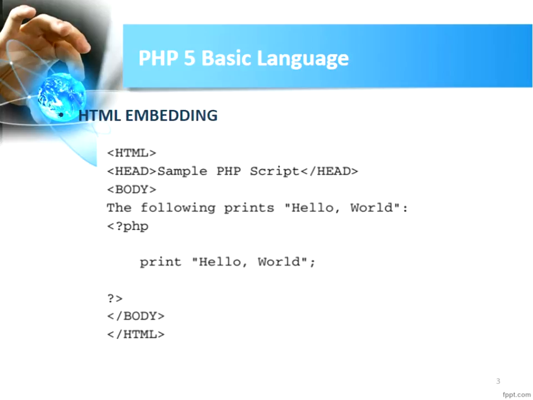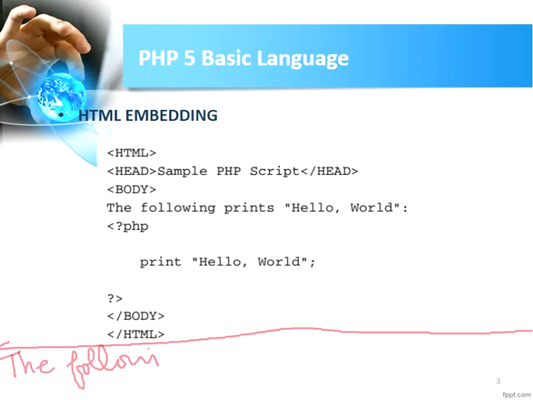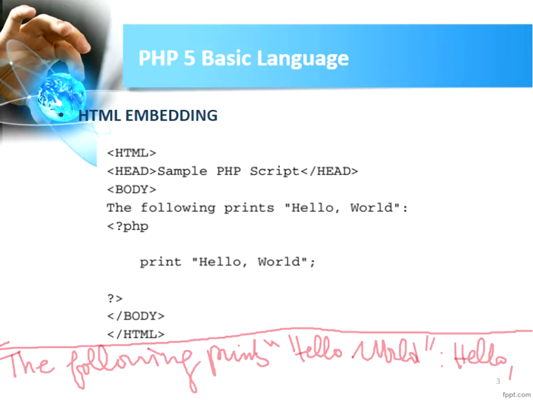So in this example, the result will be like this in the browser. Let's suppose that this is my browser, and the result will be the following: prints hello world, after that hello, comma, world.